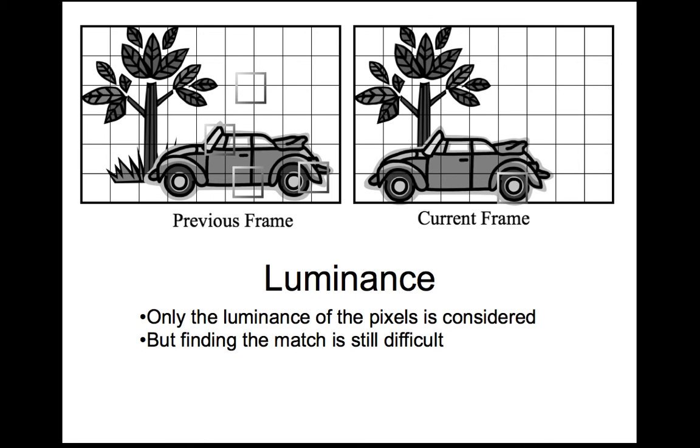If you're a computer program and someone says to you, this block here is available somewhere in this image, go find it, that's an awful lot of work. It's actually much easier for humans than it is for machines, because we can look for features that stand out.